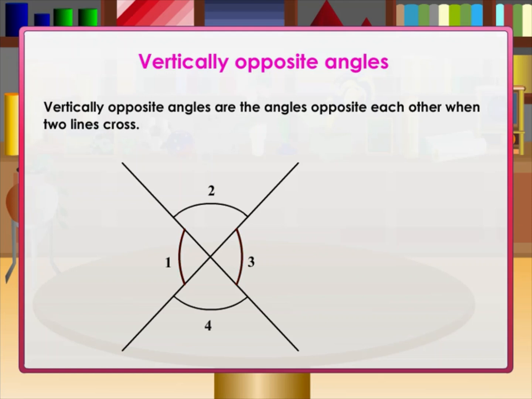Therefore, they are called vertically opposite angles. Again, angle 2 and angle 4 are formed opposite to each other. Therefore, they are also called vertically opposite angles. When two lines intersect each other, the vertically opposite angles are equal. Therefore, angle 1 is equal to angle 3 and angle 2 is equal to angle 4.